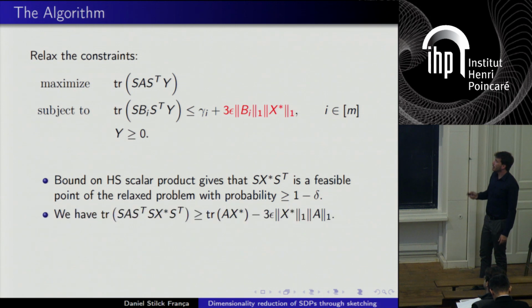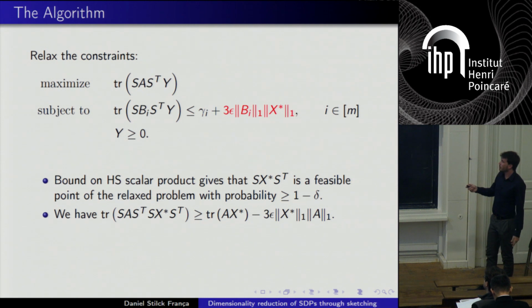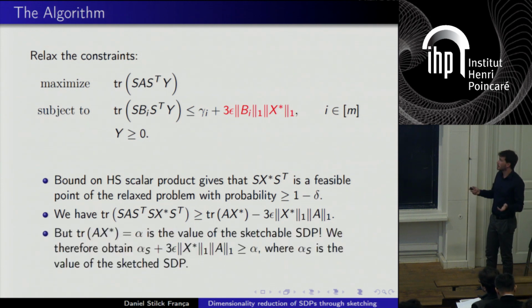And what happens for the value of this feasible point? Well, the value of this feasible point is given by this, but we have again a bound on this because of the theorem we proved, which is the following. But this term here, as this is an optimal point, is just the value of your original SDP.